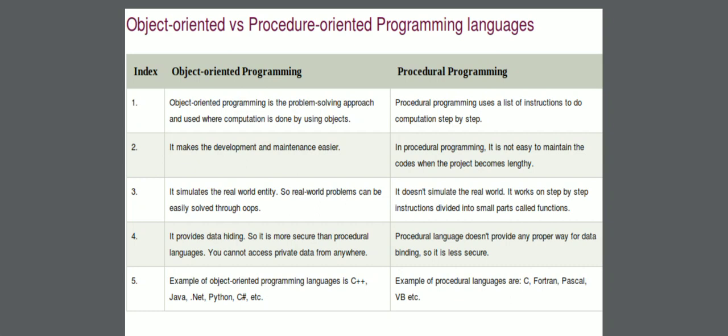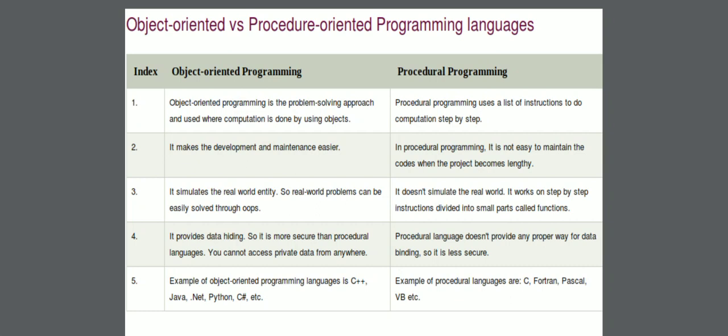The second difference, it makes the development and maintenance easier. Development means code development. When you are going to develop a large software, it is very difficult to write down step by step instructions. So what particular programming style is adopted in that situation? It is nothing but OOP, object oriented programming.